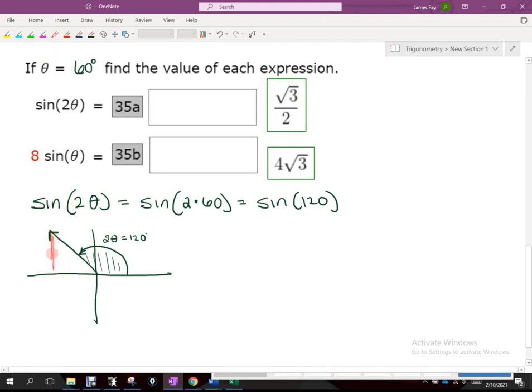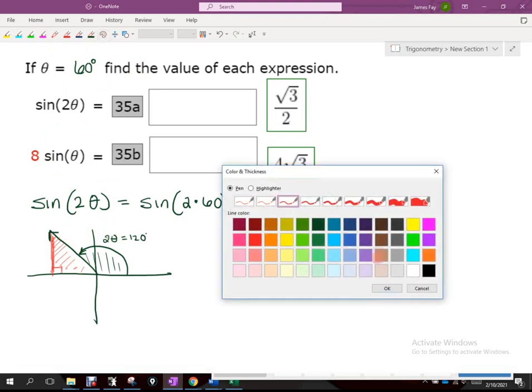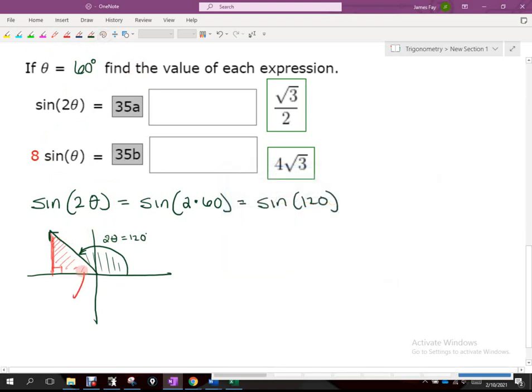I'm going to come back here and draw that down. Get this red triangle here, and that angle right there is going to be how big? 60 degrees. Remember, that's what we call theta bar. That's our reference angle.